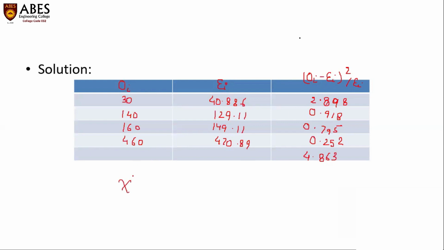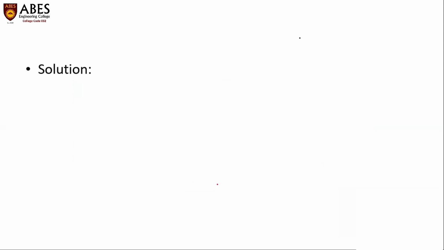Hence we get chi-square statistics as equal to 4.863. Now when we look at the table for finding chi-square tabulated, that is chi-square at 0.05 level of significance and 1 degree of freedom, we find this value is equal to 3.841. Since chi-square statistics is greater than chi-square tabulated, H1 is accepted.